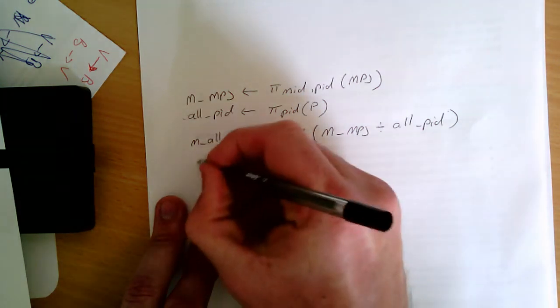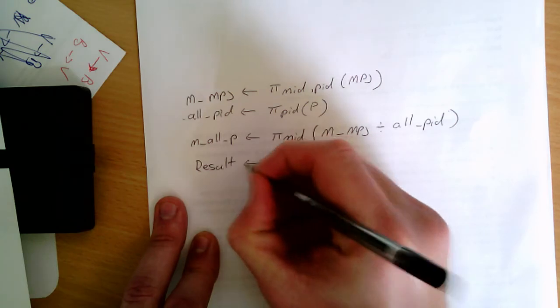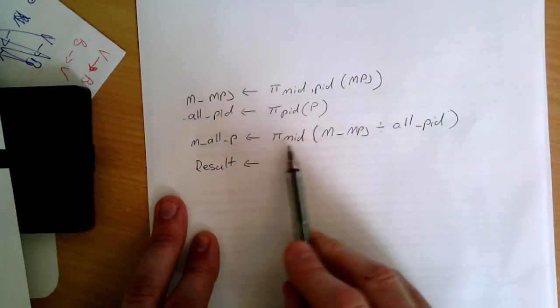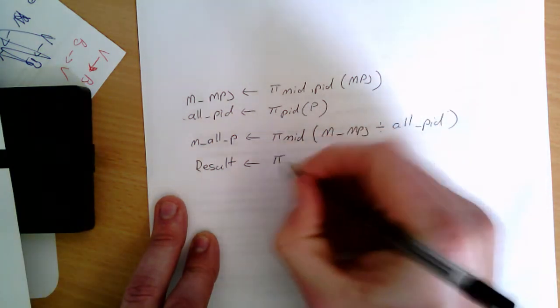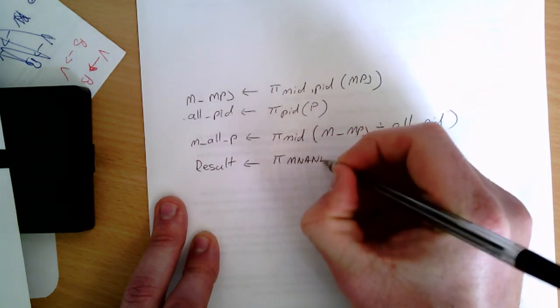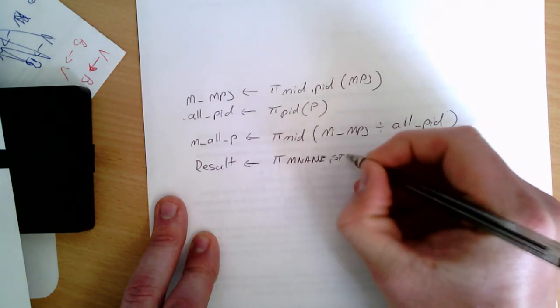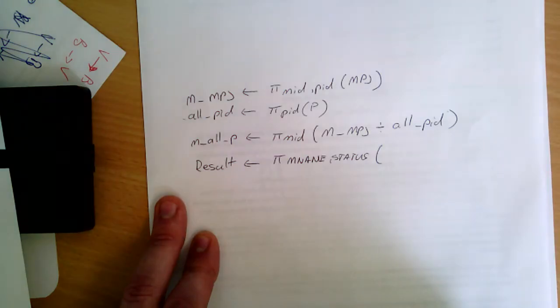Then to finish up, we have to get the particular columns we want, so we have to join this intermediate result back to the manufacturer table. We'll do that by projecting first, so we only want the m name and the status. And then we do a join operation.